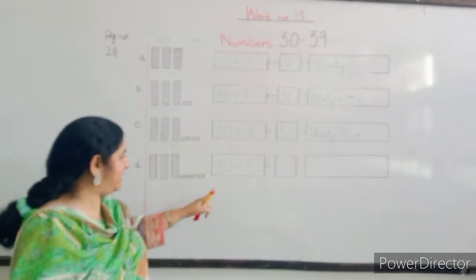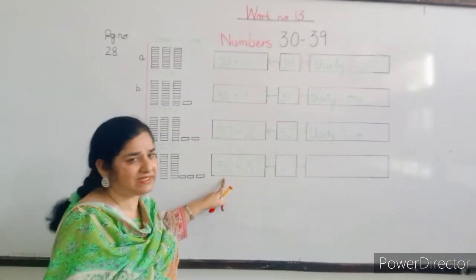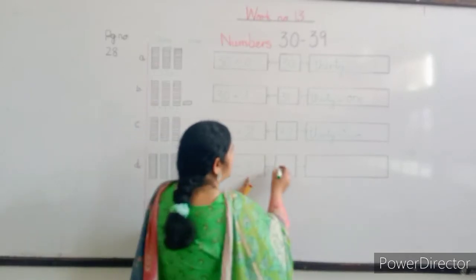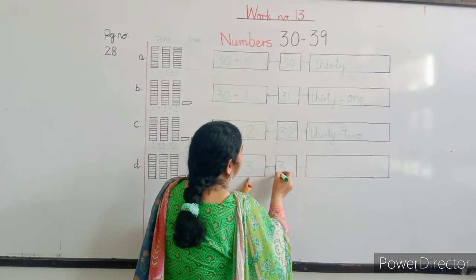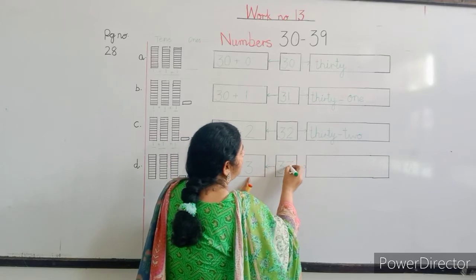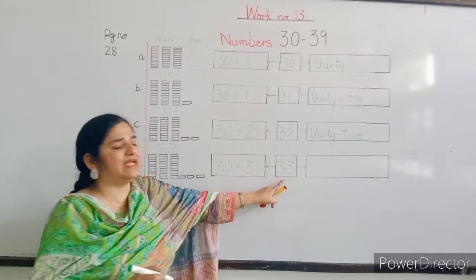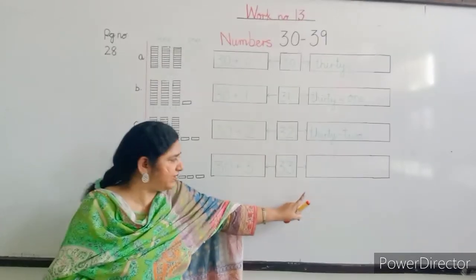So it means it is 3 tens plus 3 ones. So we will write it like this: 3 tens and 3 ones. 3 tens and 3 ones is 33.